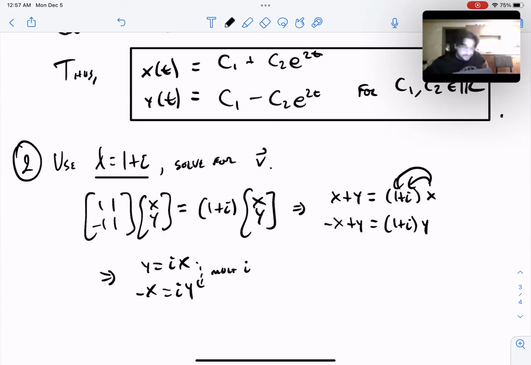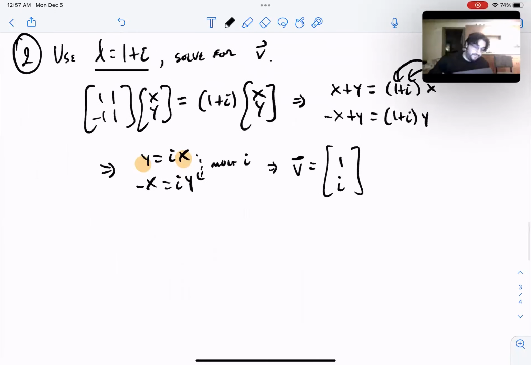So this is good. Now, as far as an eigenvector, let's pick x to be 1, so that y then is i. If you put in a 1 for x, then you get i for y. So there's your eigenvector. From here, what happens?